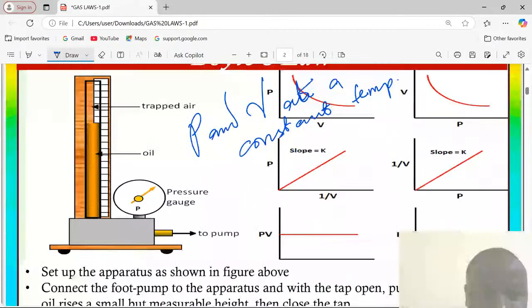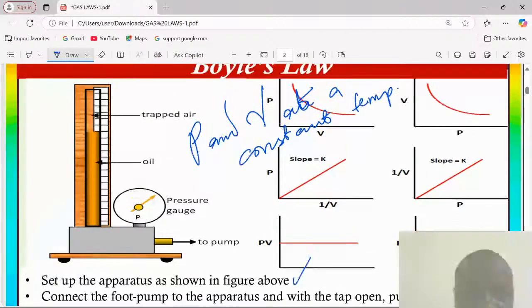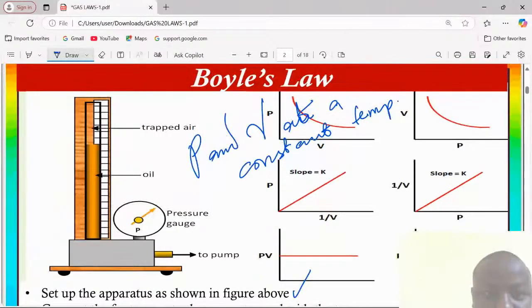There is a setup here whereby we are told to set up the apparatus as shown. So this is the figure above whereby there is trapped air. Then this is a millimeter scale. Then we have oil at this point.